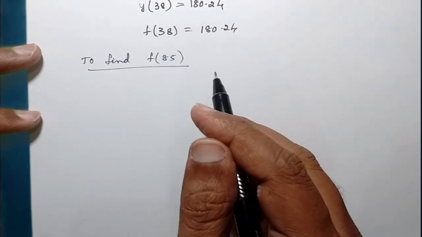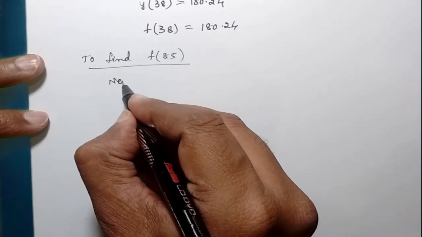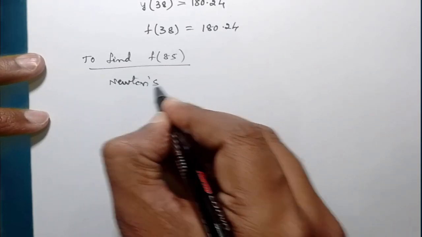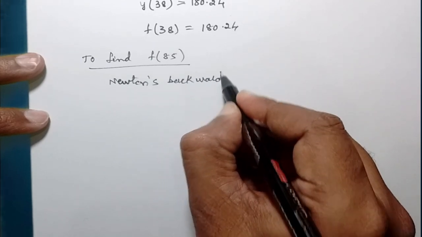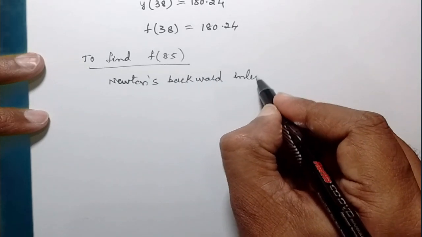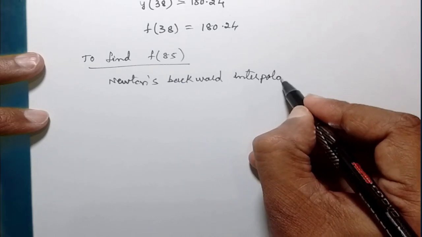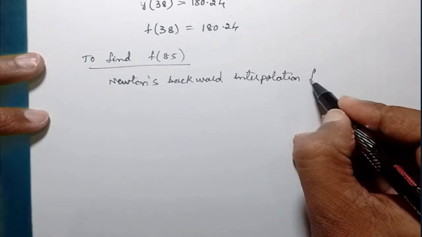Because 85 is at the end, you have to use Newton's backward interpolation formula.